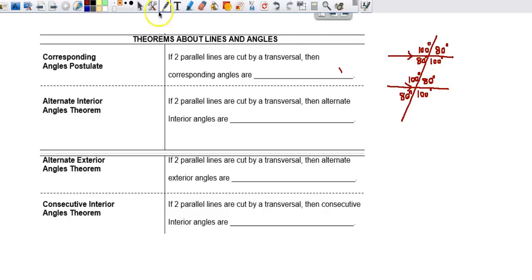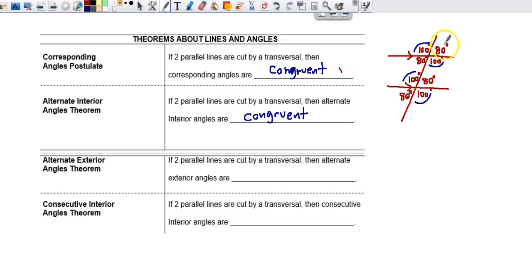And so if you look at the relationship, corresponding angles are in the same position. They're going to be congruent. Alternate interior, so are those. 100 and 100, same thing, or 80 and 80. Alternate exterior. Look at this 100 here. Same as that.